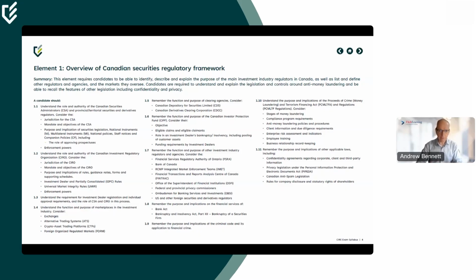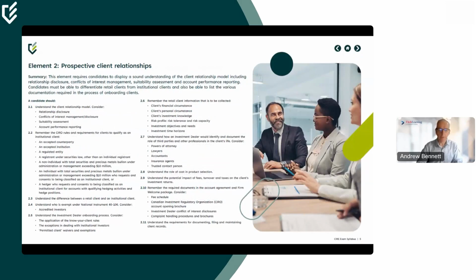So there's a couple of examples from element 1. I'll pick up another example from element 2. So element 2, let's look at 2.8, 2.9. 2.8 says, understand the role of cost in product selection and understand the potential impact of fees, turnover, and taxes on the client's investment returns.